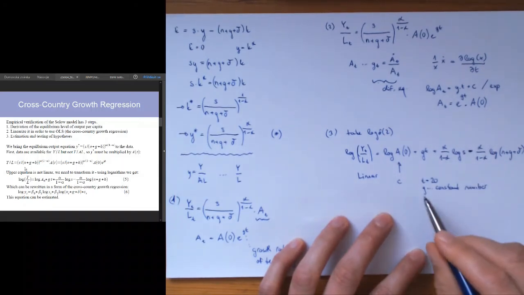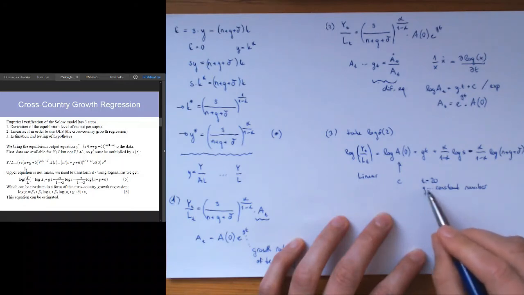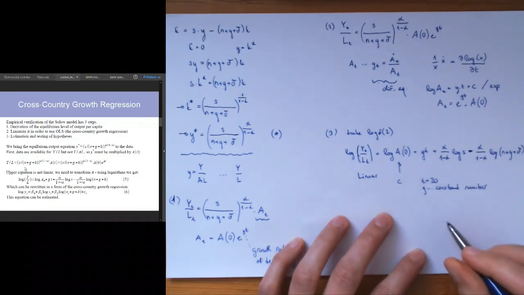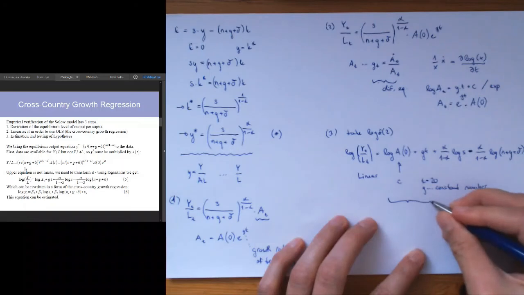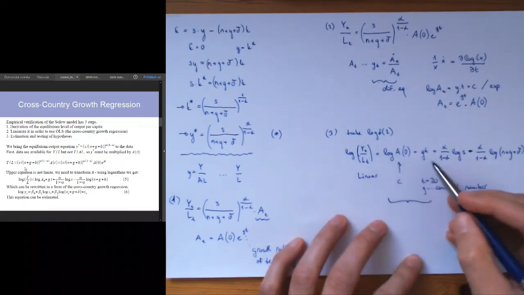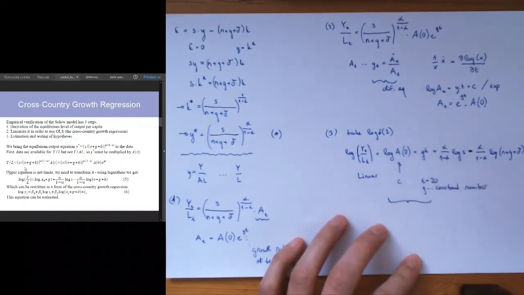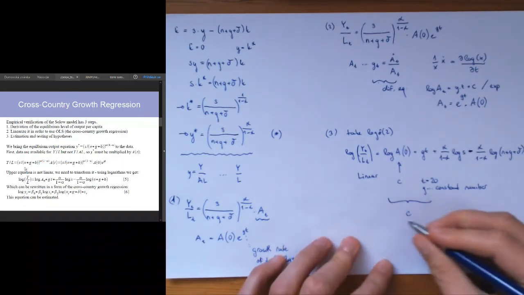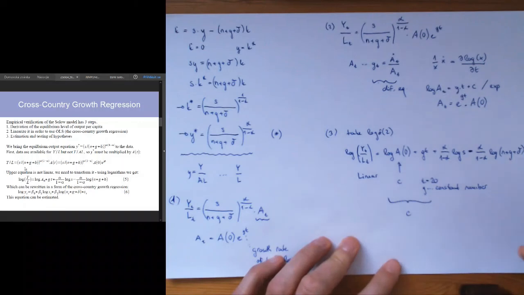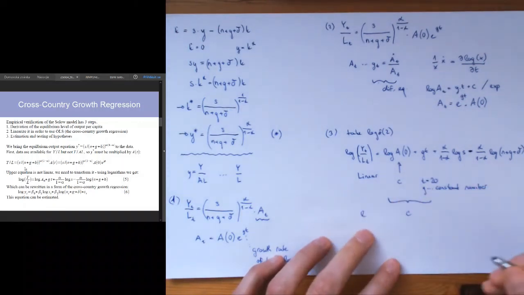As a consequence, g times t is again some constant, and both of those terms cancel out into a regression constant.